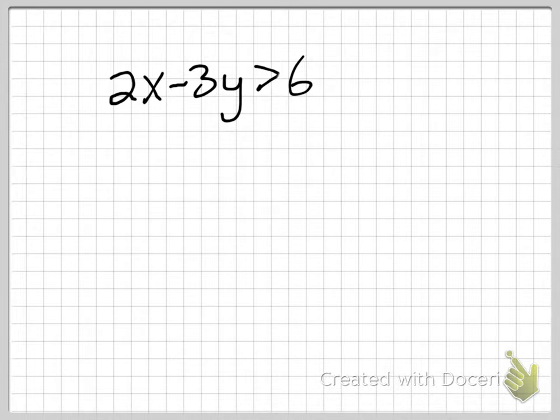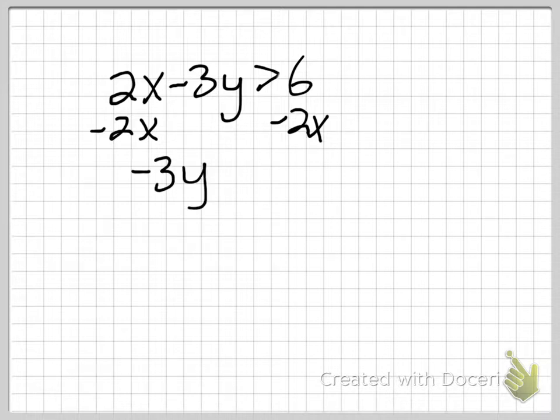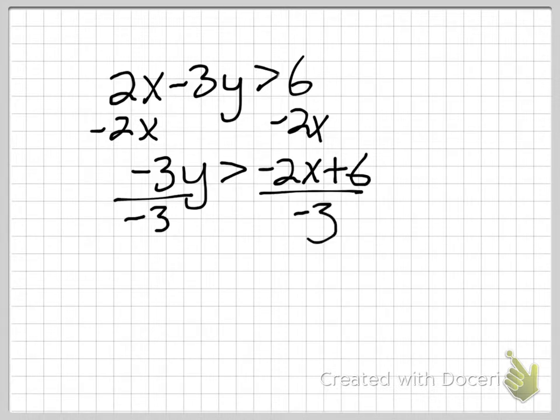Well, we would go through, especially if you're getting this in y equals, kind of similar to what we did before, we would have to move the x term over. So I get negative 3y is greater than negative 2x plus 6. I would have had to divide by negative 3. And this right here is where you need to put some sort of a star, asterisk, whatever it is that you need to do.